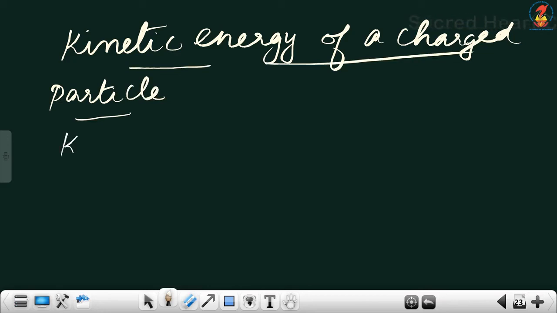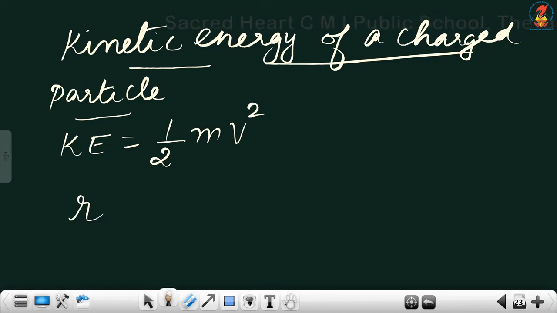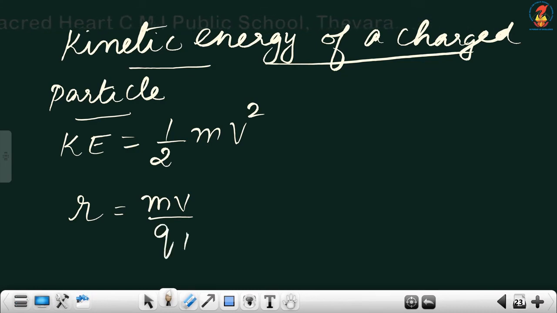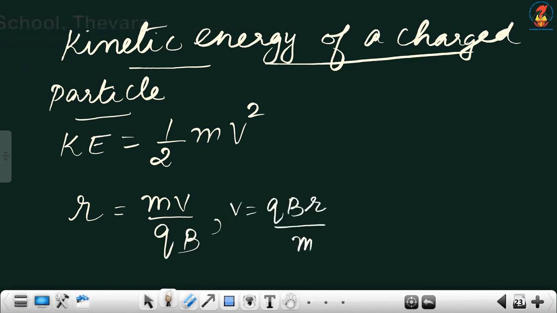We know that the equation for kinetic energy is half mv squared. Now, the radius of the particle moving in a magnetic field is given by r = mv/qB, or velocity v = qBr/m.